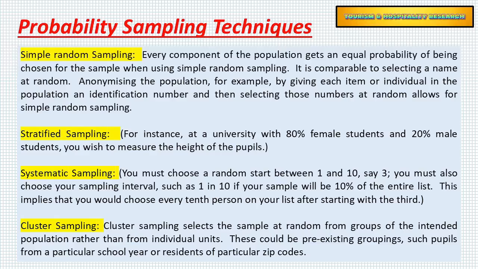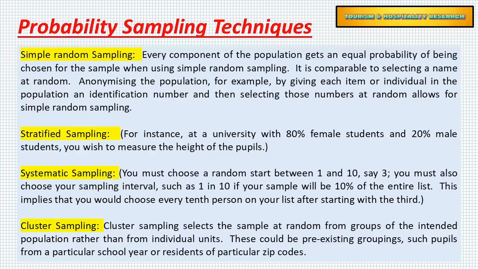What is a stratum? Strata are groups of people who possess homogeneous characteristics. So homogeneous means I will divide the population of students into one group which is the male students and one group which is all the female students of that university.